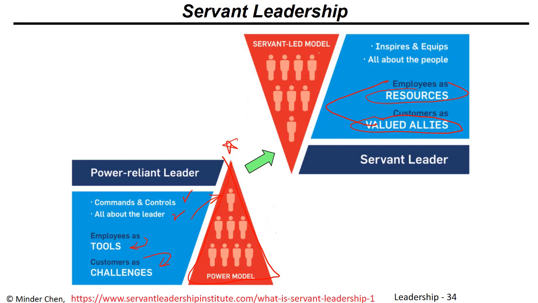So we will put those frontline workers particularly on the top, and the servant leader will be at the bottom to support them. So we kind of turn this organizational hierarchy, the pyramid, upside down in this servant leadership style.